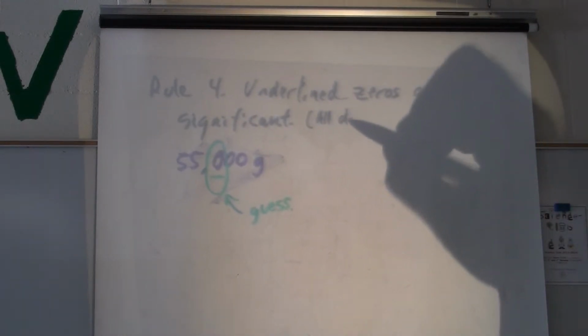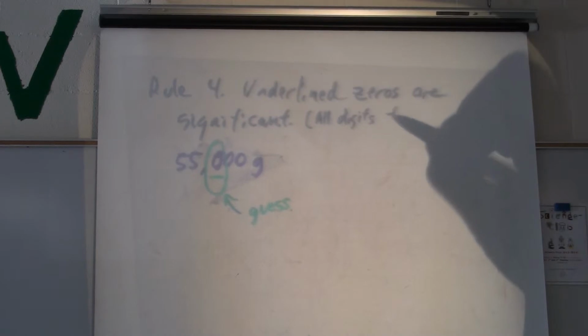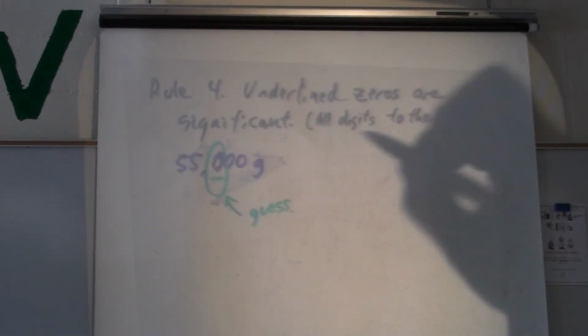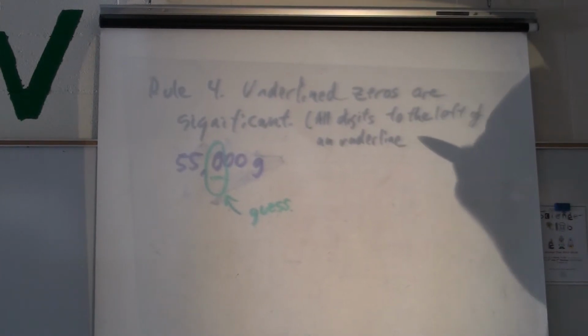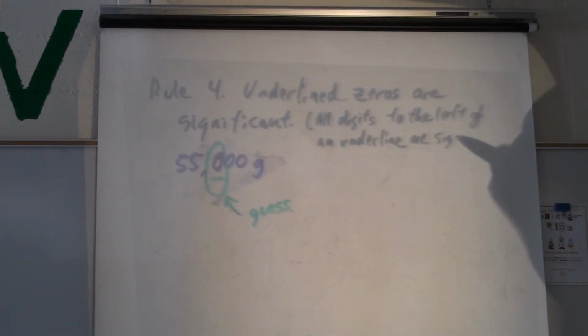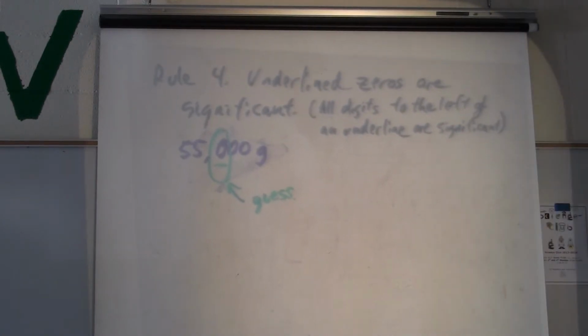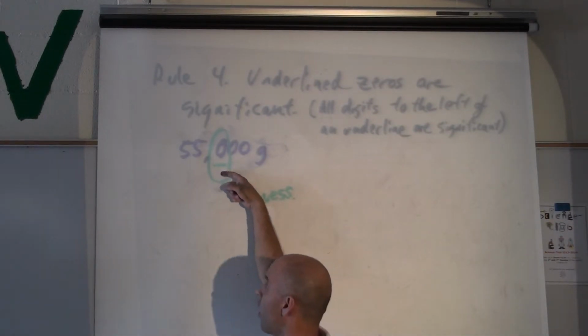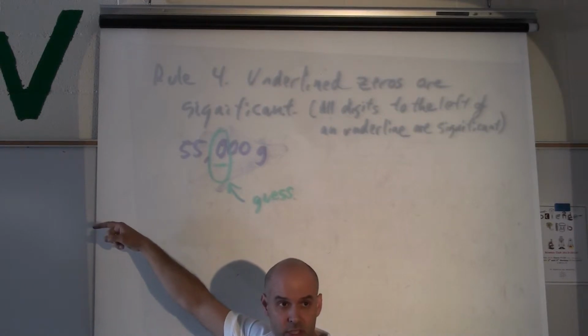And all digits to the left of an underline are significant. So if that's my underline right there, it automatically makes everything to the left of it significant.